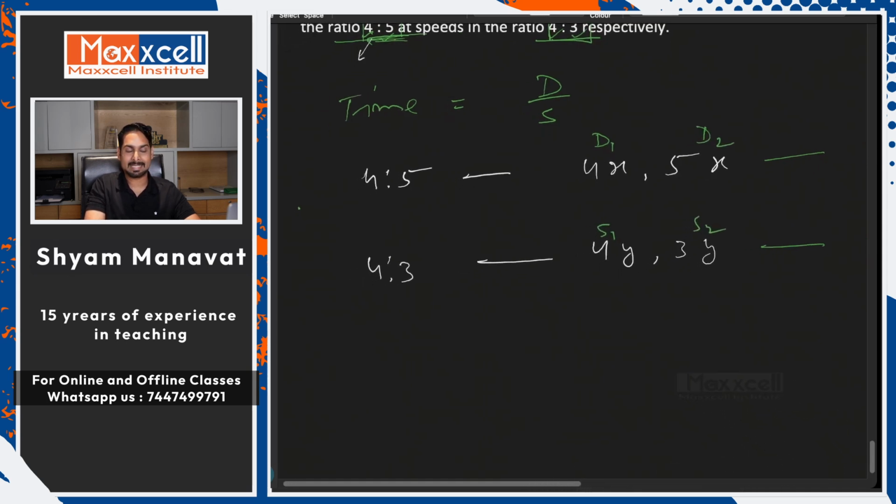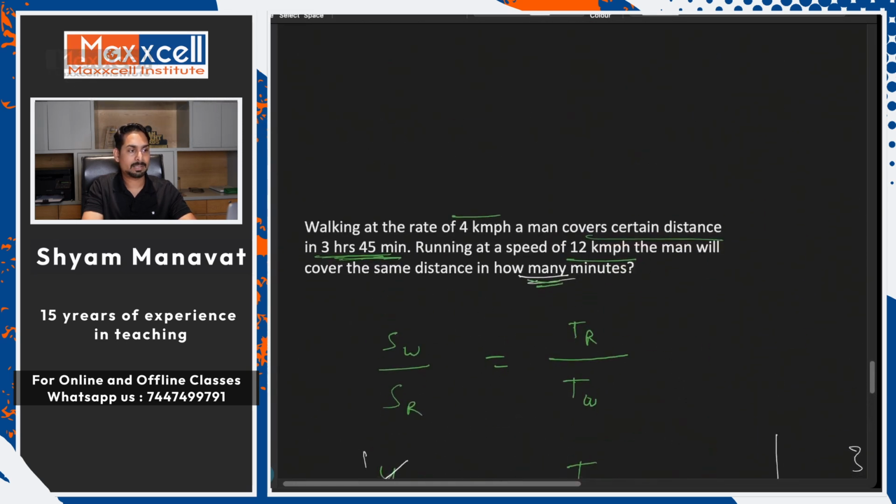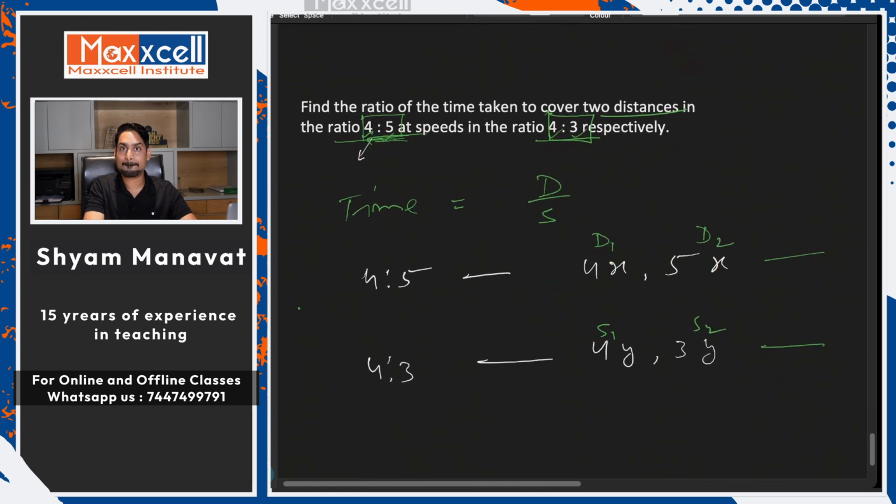So to find the time, the distance is not constant, so I can't simply apply inversely proportional. Keep in mind, I can't simply apply inversely proportional because distance is not the same. You got different distances here, 4:5. Time is inversely proportional to speed only when distance is the same.